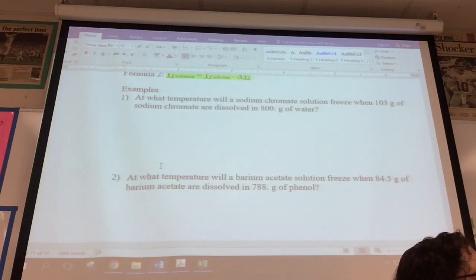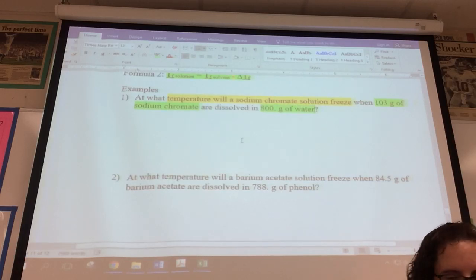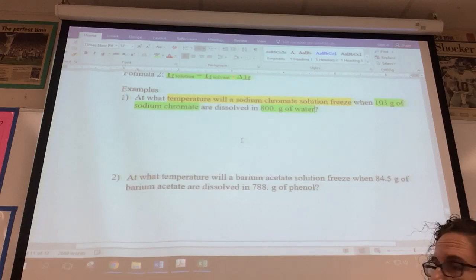It says, at what temperature will sodium chromate solution freeze? That's what we're looking for. We have 103 grams of sodium chromate dissolved in 800 grams of water. So let's get that down and let's figure out how to process this.